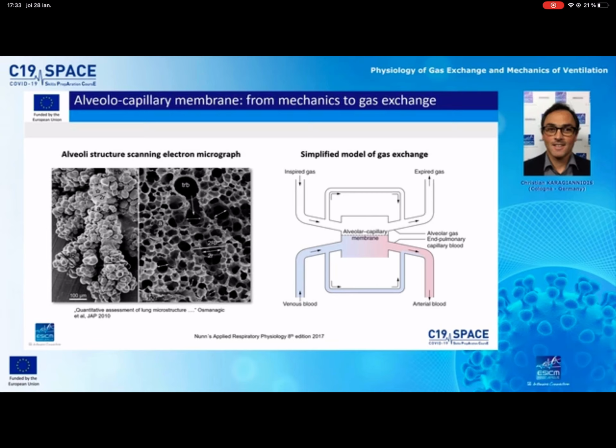If you have a bypass of air conducting, which means that the air does not come into contact with the blood, we call that dead space. And if, on the other hand, you have a bypass of the vessels, which means that the blood does not come into contact with the air, we call that shunt.